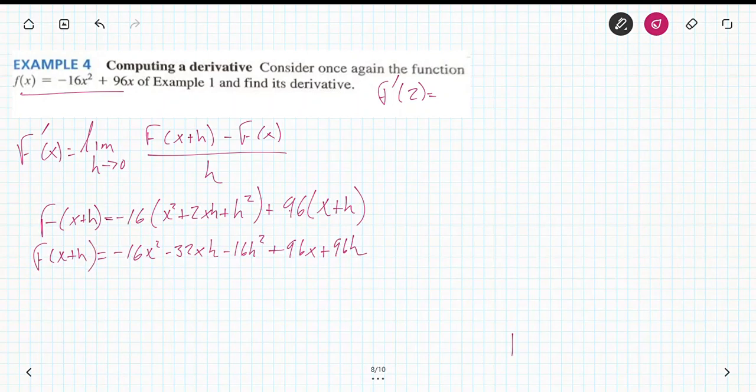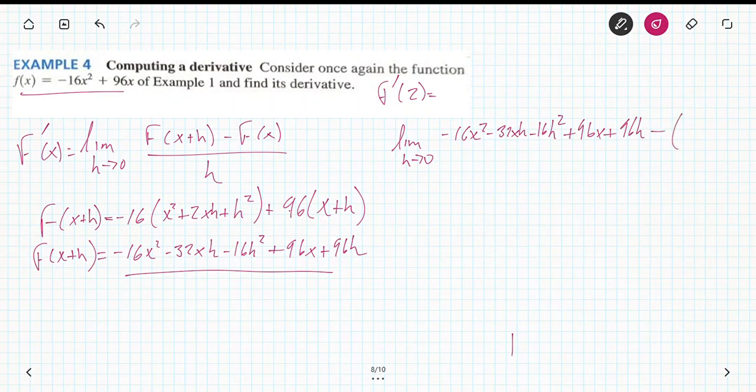Knowing this, I'm going to plug it into my formal definition of the derivative. So this is going to be the limit as h approaches 0 of this huge expression right here: negative 16x squared minus 32xh minus 16h squared plus 96x plus 96h, minus my original function.